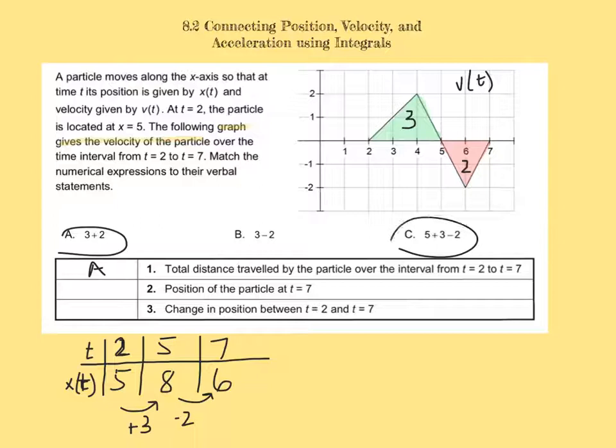So this one is C. And lastly, obviously it's B, the change in position or the particle's displacement. Well, the particle started at position 5 and ended up at position 6. We can also realize that we have a plus 1 displacement because 3 minus 2 is also 1.